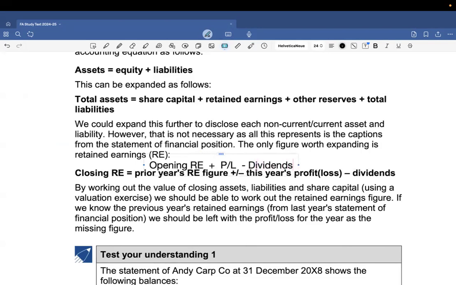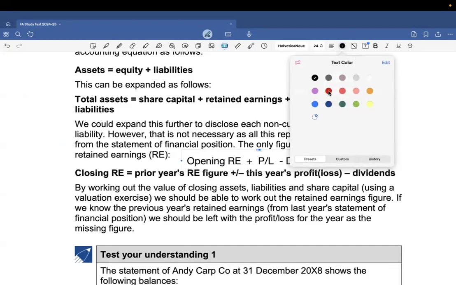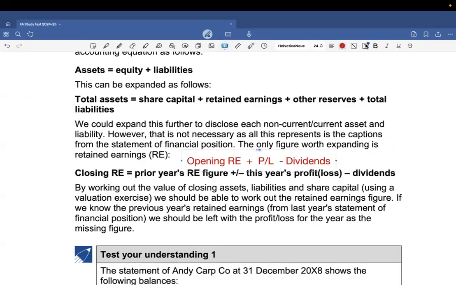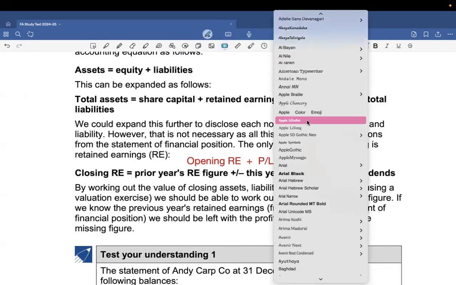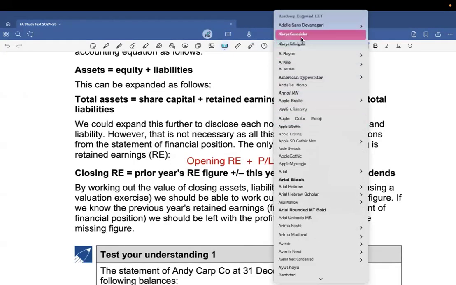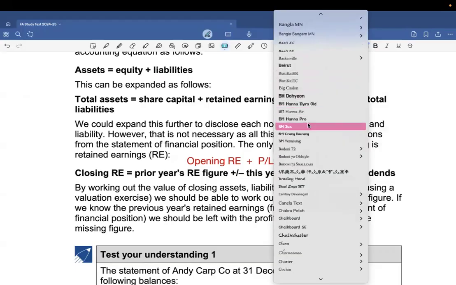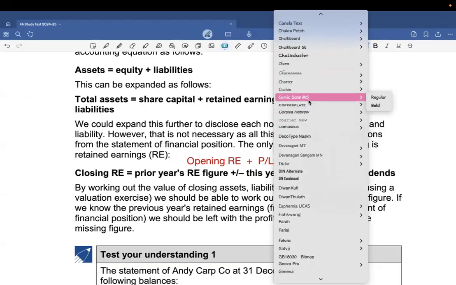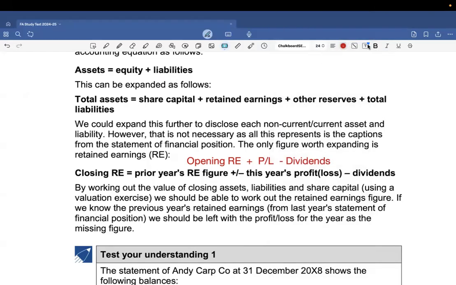It can be a proposed dividend, something we have decided upon but have not yet paid. So this is the equation. Understood?